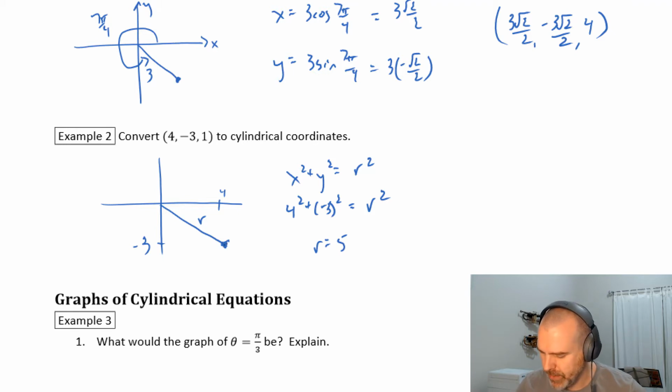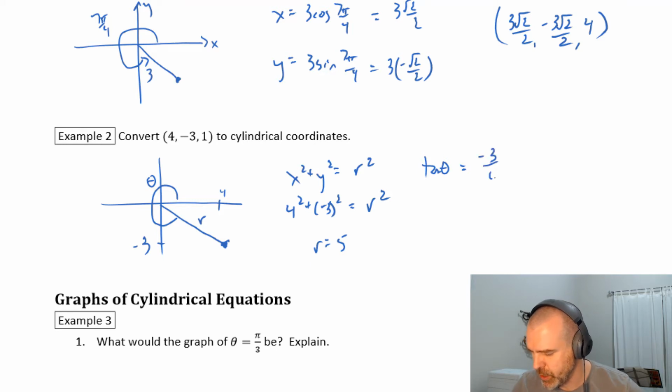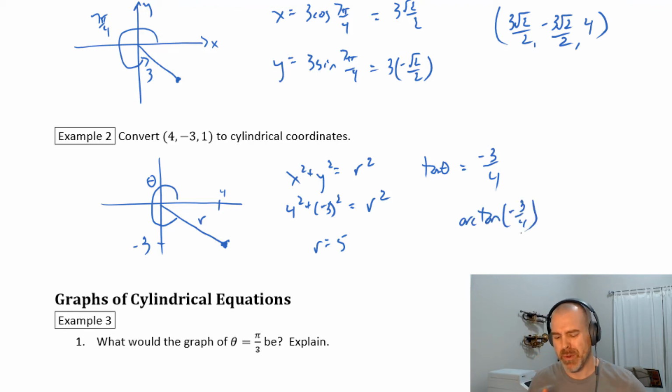And then we'll have to use tangent. Tangent theta will be equal to opposite over adjacent. So we have to be careful here. We want to go arctangent of negative 3/4. But is theta equal to that? We have to think of the range of arctangent, and if you recall, that was between negative pi over 2 and pi over 2.